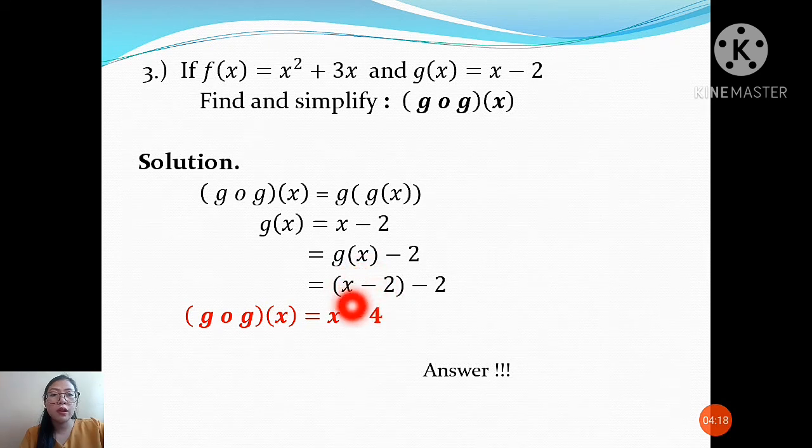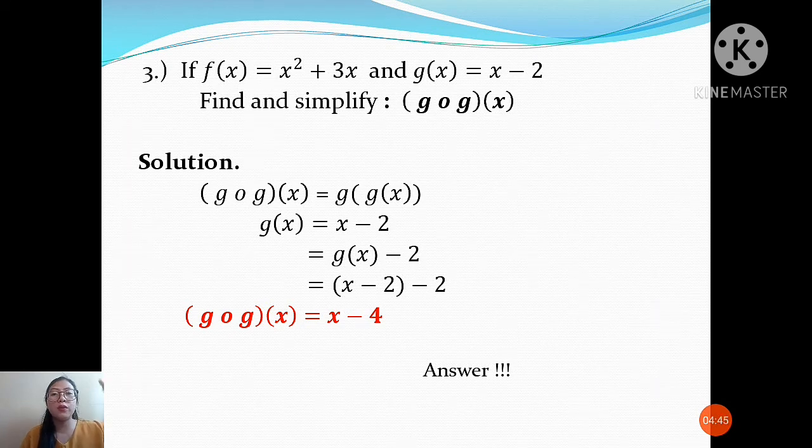So it will become x minus 2 minus 2. For the final answer, combining like terms, x, then negative 2 plus negative 2 is negative 4. So the final answer for g composed with g of x is x minus 4. I hope you got the perfect score. So that is the final answer.